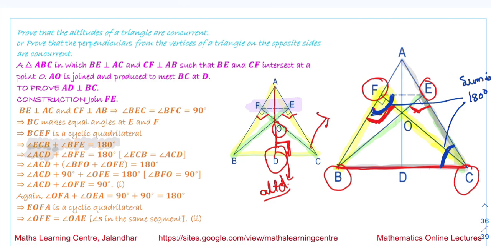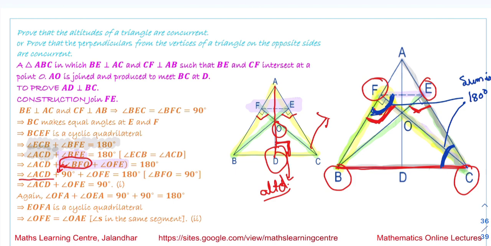This is made up of two angles. One is BFO, and the second angle we have is OFE. So we have written it in this form that BFE is equal to BFO plus OFE. And the value of this angle is 90 degrees.